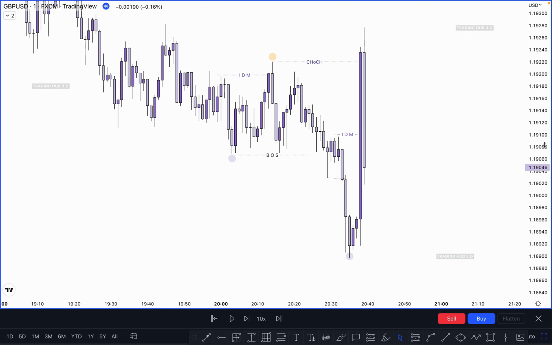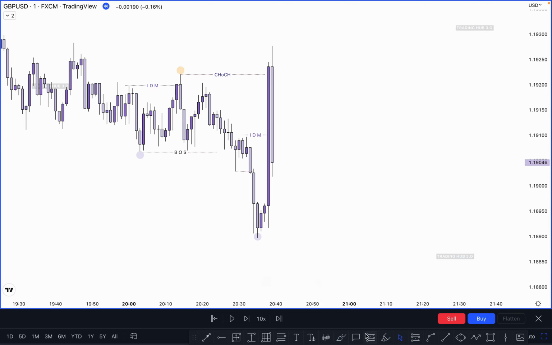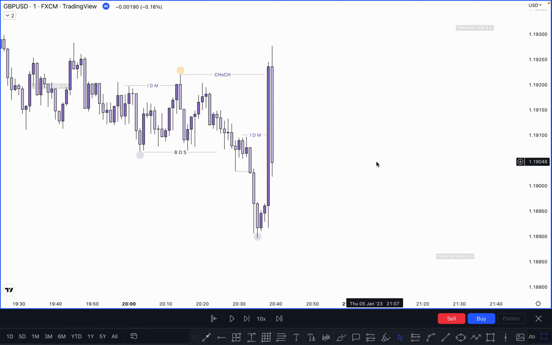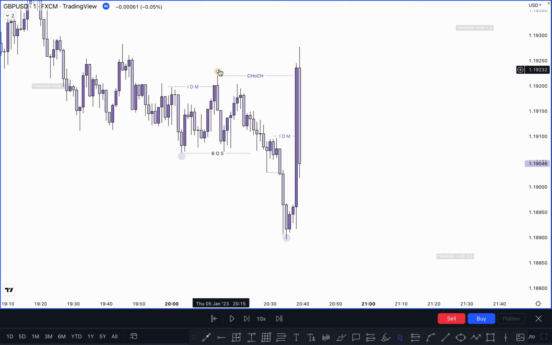But if the market again pushes downside and breaks this low, for example, what will happen in this scenario, and what is the structure in this case? Our structure will be transferred from here to here. Why? Because in this leg there is no inducement, and this low does not count as a change of character.